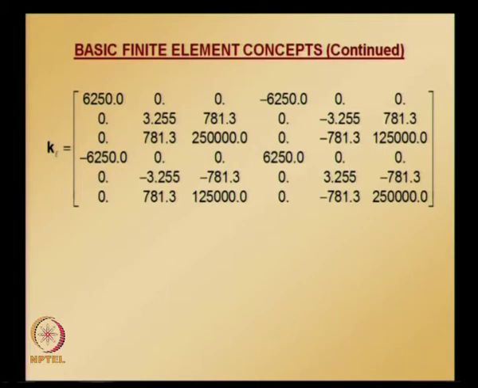And this is the load vector for element 2 in the local coordinate system. Since the local coordinate system is the same as the global coordinate system, even the load vector in the global coordinate system is going to be the same as this one. We do not need to apply any transformation because the transformation matrix is the identity matrix.